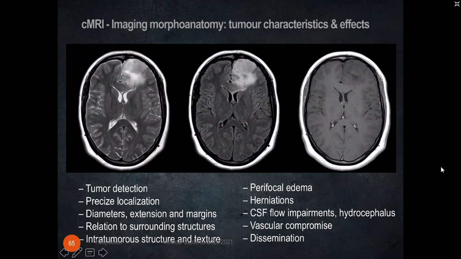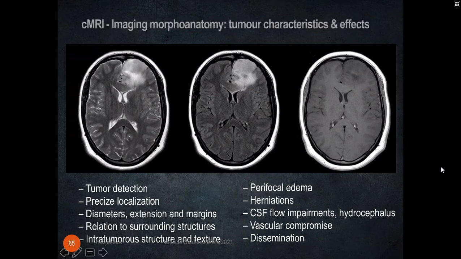All those conventional sequences can give us the tumor delineation and detection. We can detect the tumor with these sequences, so we have a high sensitivity, but not such a high specificity, because we can only describe the precise location, the diameter, the extension and the margins of the mass, and the relation with the surrounding structures.